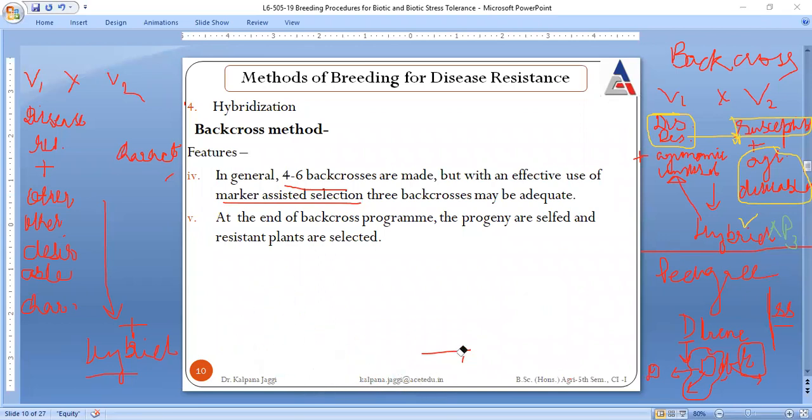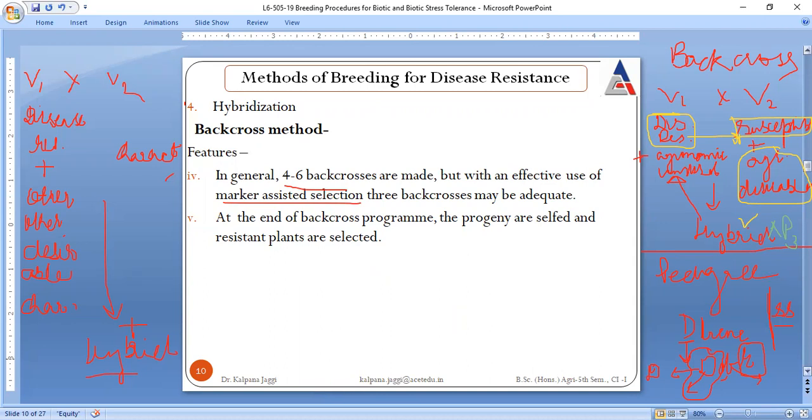And at the end, what is to be done? Progenies are to be selfed, or crossed among each other. And after that, the plants which are resistant to a particular disease are to be selected. So this is one chief purpose of hybridization, where the resistant gene is being transferred.